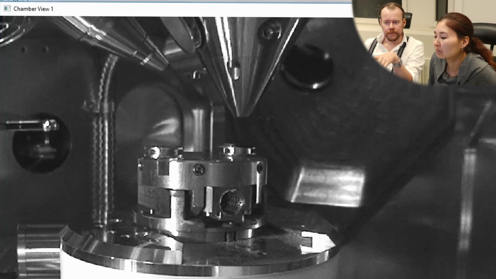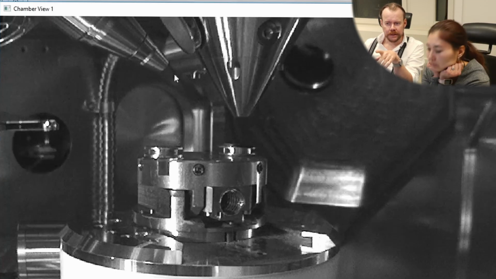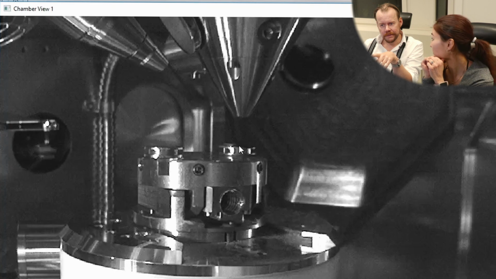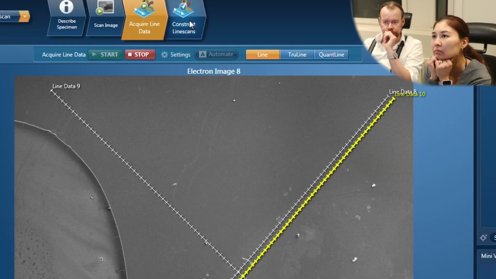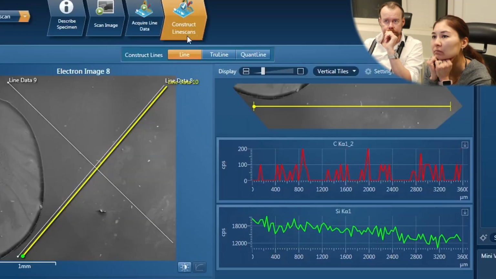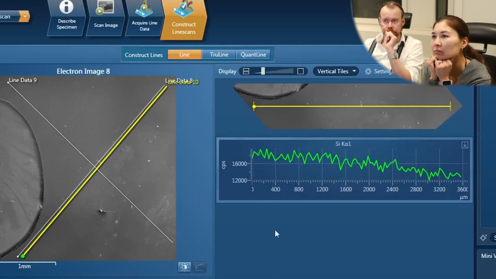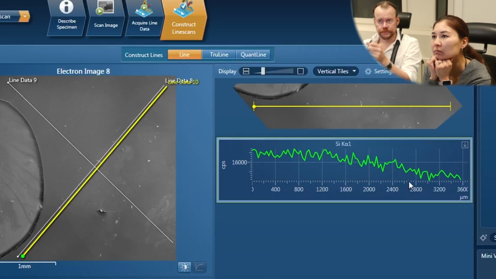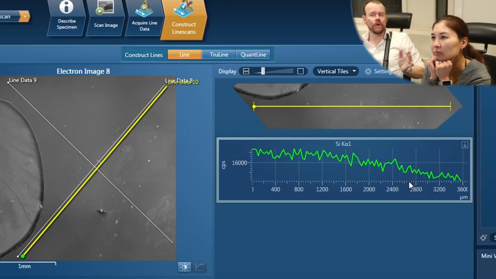But from this position, those 3 millimeters will be a smaller solid angle seen from the detector, right? So if we redo our scan, you see now the signal is more flat.